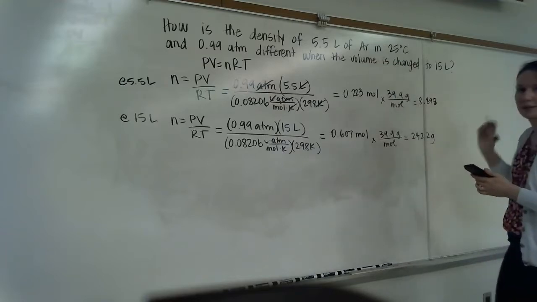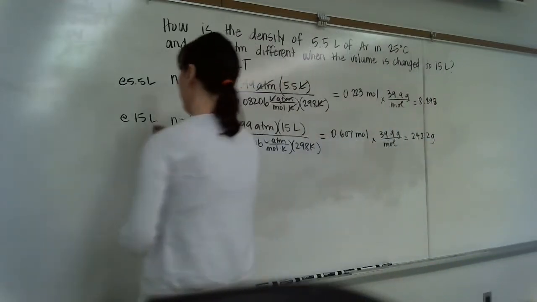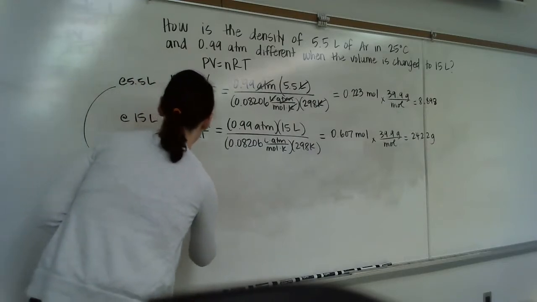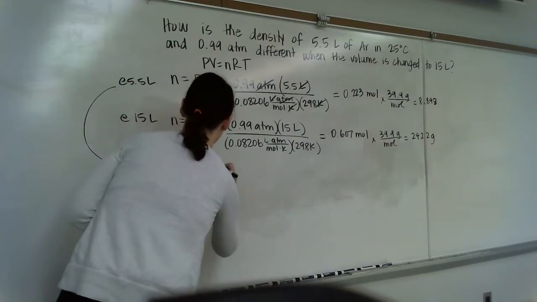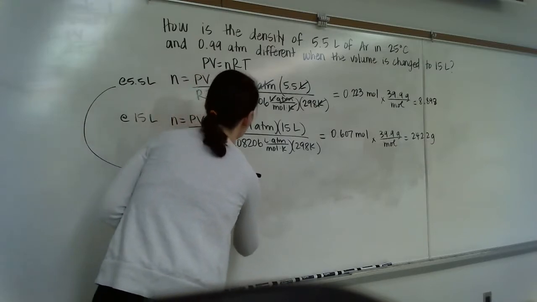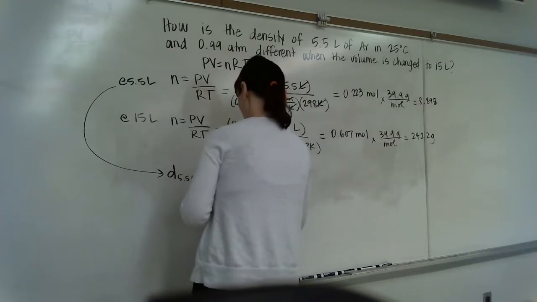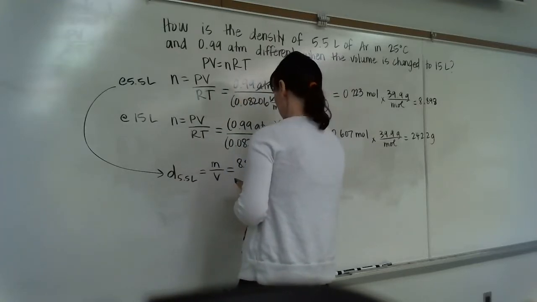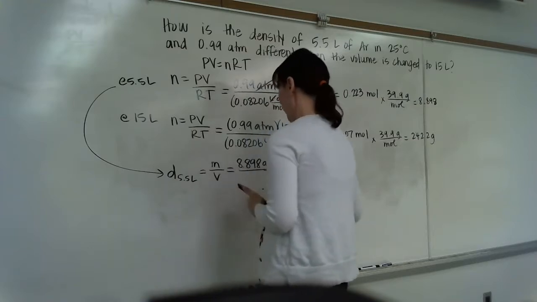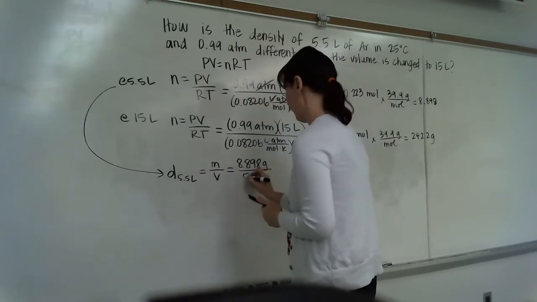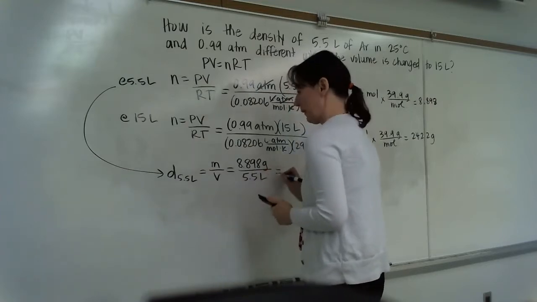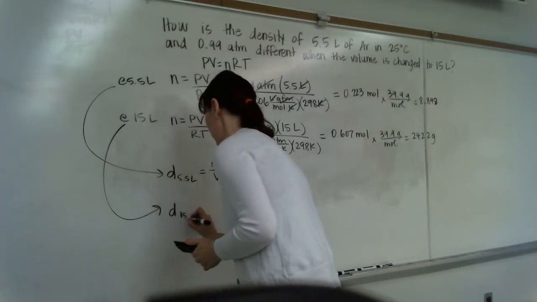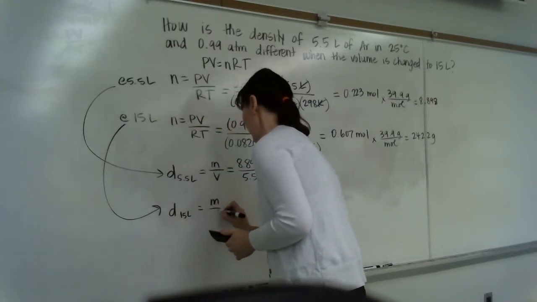Okay, so that means I'm going to run out of frame. The density of the 5.5 liters is mass over volume, so that's 8.898 grams divided by the volume, which was 5.5. And then the density at 15 liters, still mass over volume.